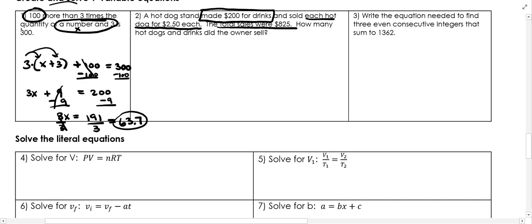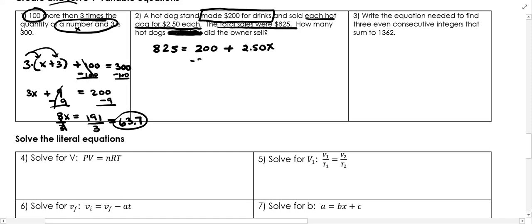How many hot dogs did the owner sell? Okay, we already know how much he made from the drinks. So we know the sales were $825. And these sales came from $200 from the drinks and a given number of hot dogs that this person sold for $2.50 each. So that's why we have the 2.50x.